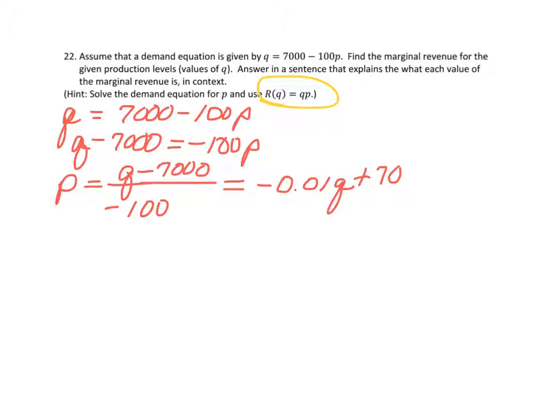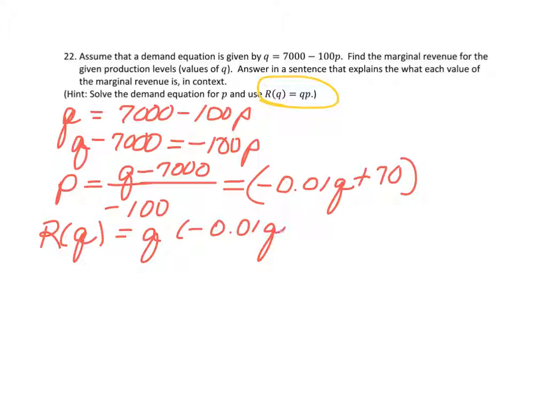And then you multiply P times Q. Then basically you're going to multiply this quantity by Q. And that's going to give you negative 0.01 Q squared plus 70Q.